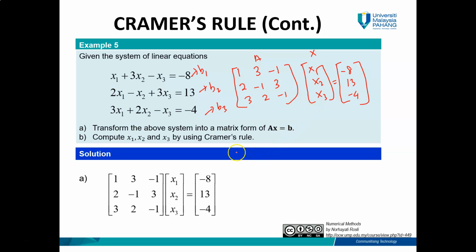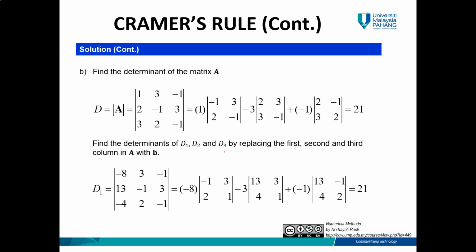The next question asks you to compute x1, x2, and x3 by using Cramer's rule. In this case, you need to first find the determinant of the A matrix. Here we have 1, 3, -1, 2, -1, 3, 3, 2, -1. We close the first row, first column. So we get 1 times the determinant of the remaining values, which is -1, 3, 2, -1, minus.